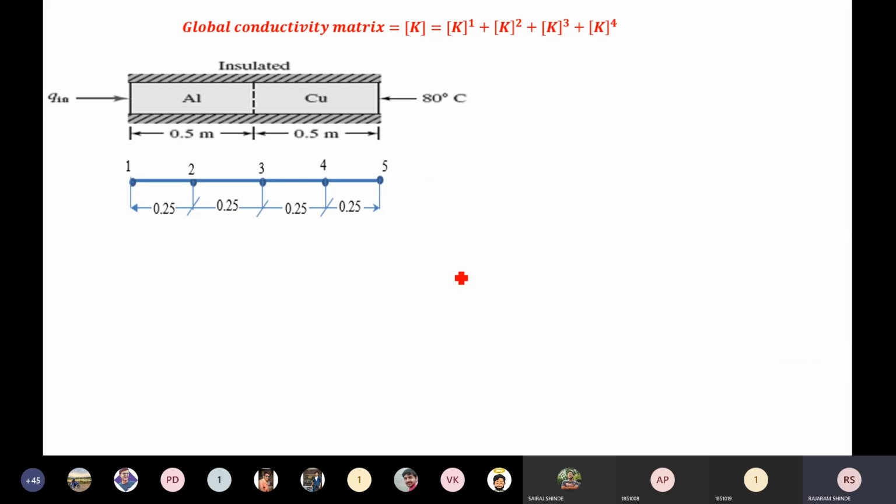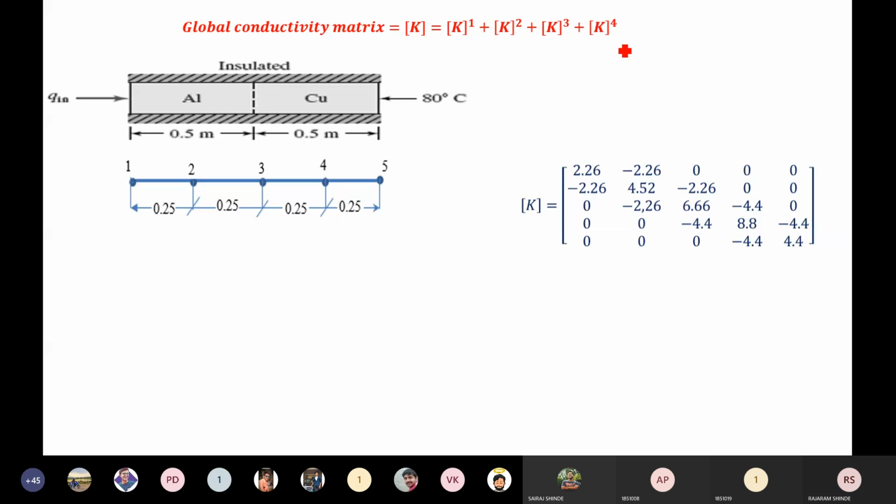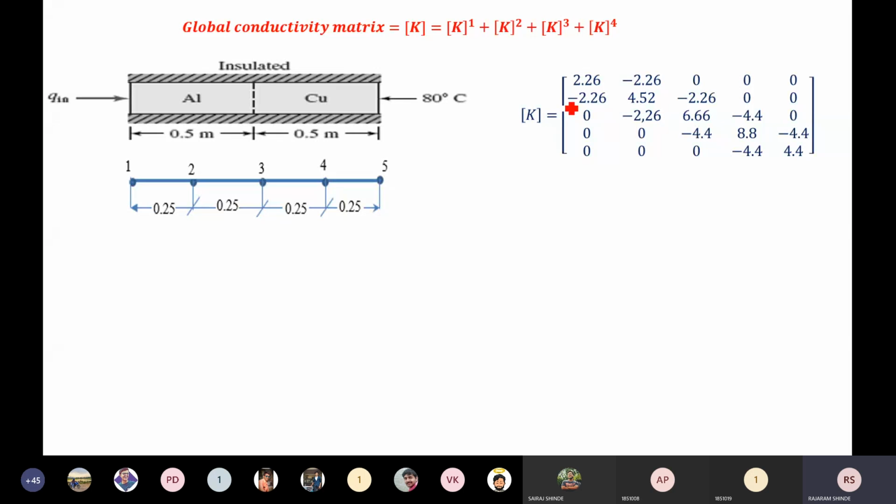Now you see this one. Here the global conductivity matrix is K equal to K1 plus K2 plus K3 plus K4. First is here 2.26, minus 2.26, minus 2.26 and 2.26. It is of the first element.